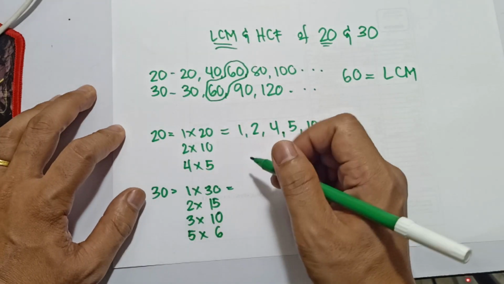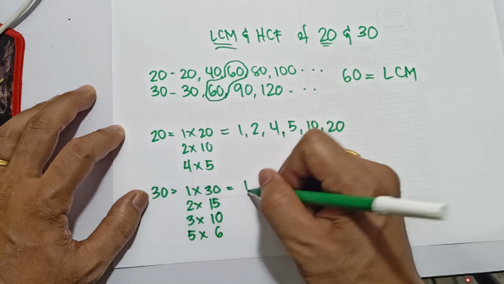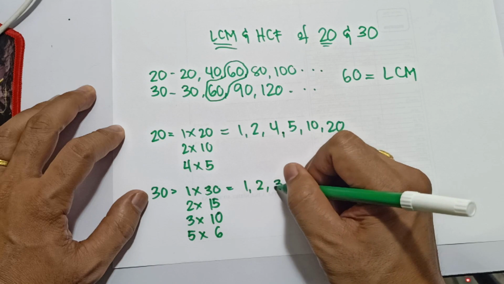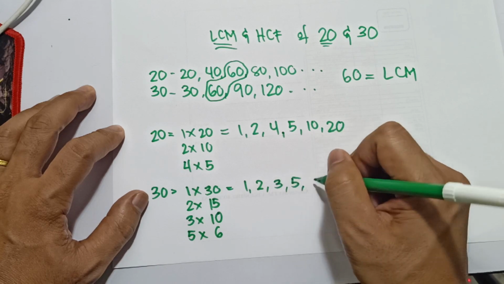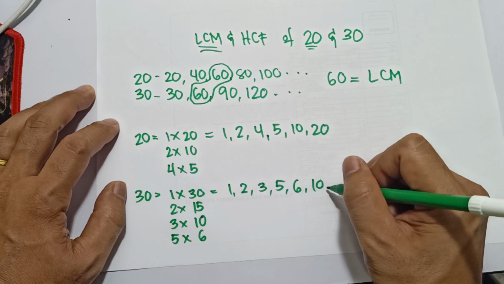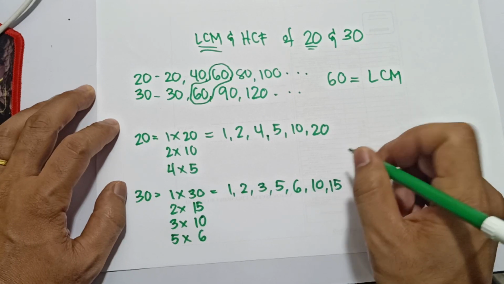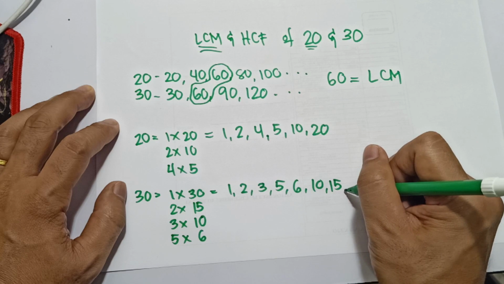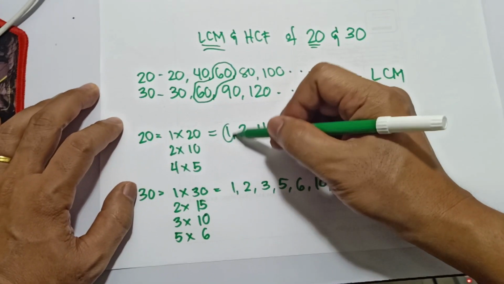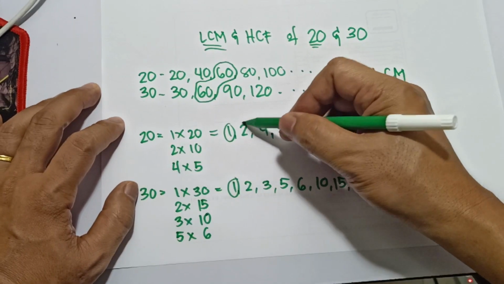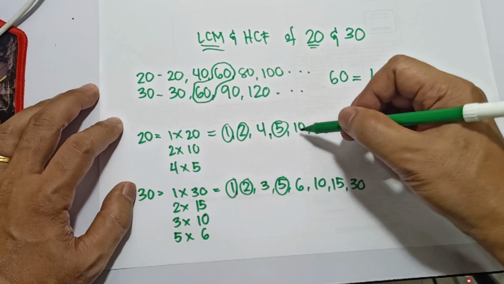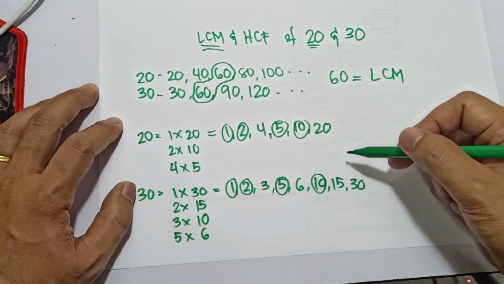So the factors of 30 are 1, 2, 3, 5, 6, 10, 15, and 30, right? So 1 the same, 2 the same, 5 the same, 10, right?